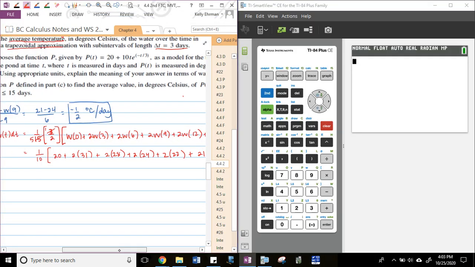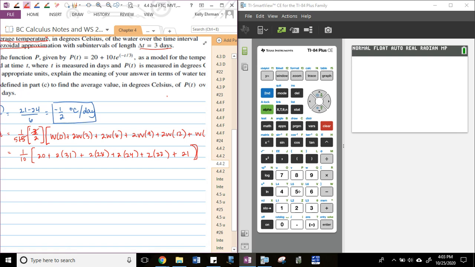All right, I'm going to add up the values first and then remind me to divide by 10. I guess it's less typing if I just double these, isn't it? Double 24 is 48, plus 44, plus 21.